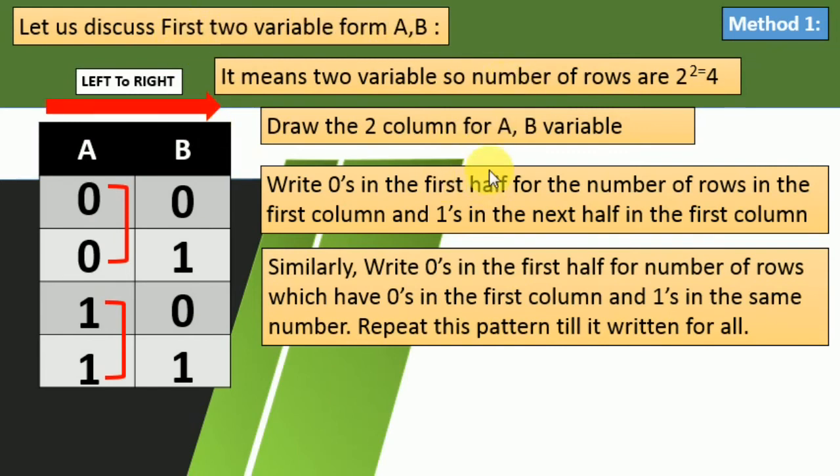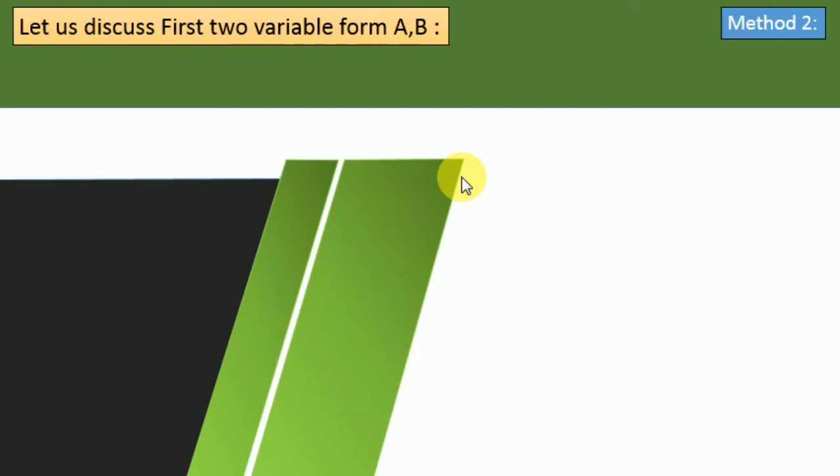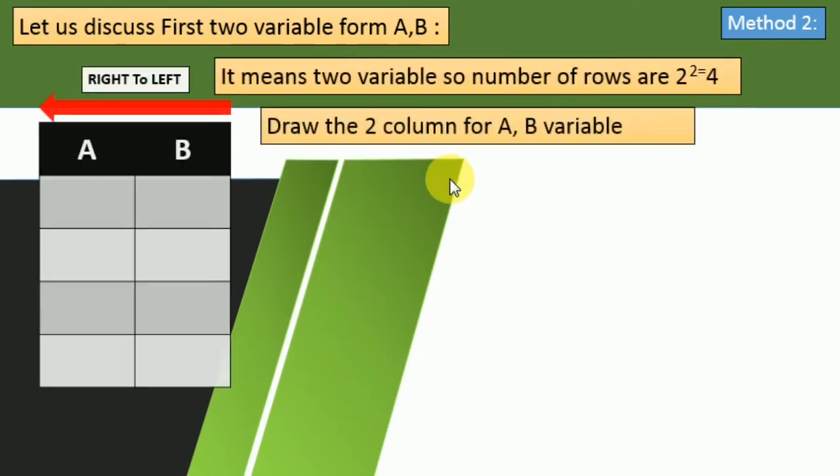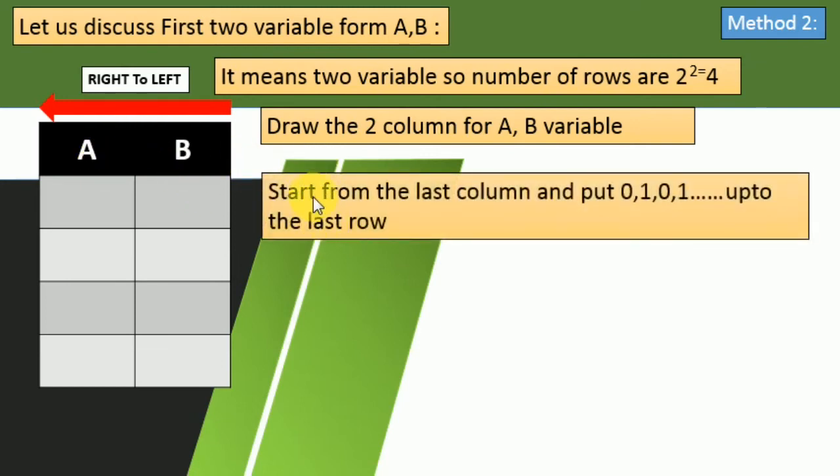Now let's move to the second method for the two variable form. Same rows, same columns, but we are going to move from right to left. In this case we use the last column, that is B, and then we move to A. Now what is the concept? Start from the last column and put 0 1 0 1.